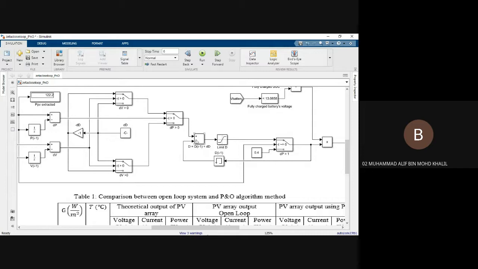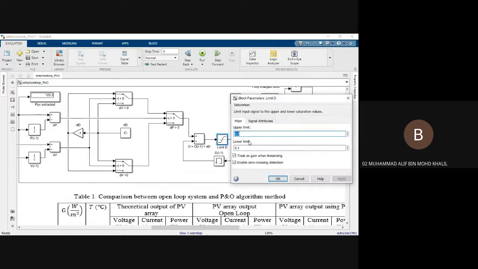So we add it to the old duty cycle, which is D(i-1), plus the delta D. I put here the memory for the old duty cycle. And this is the saturation to limit the duty cycle.